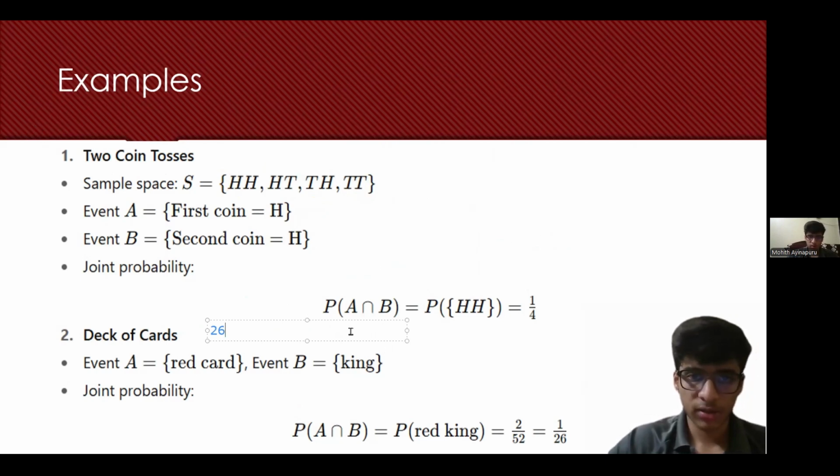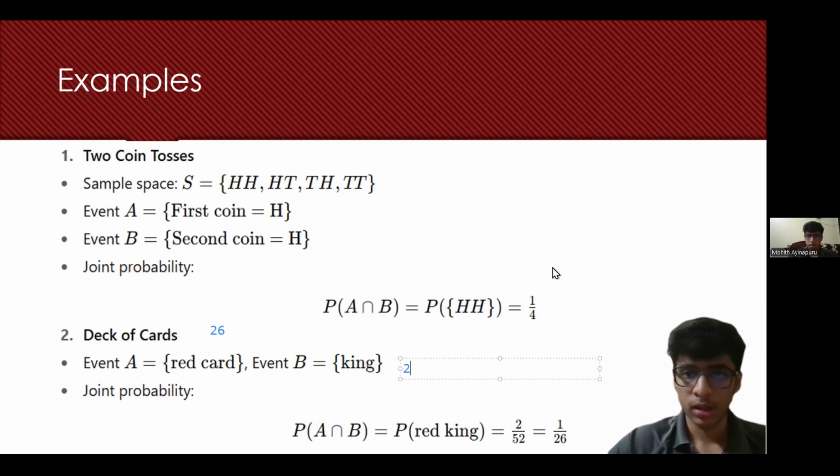So the total number of cards is 52, and getting a red king: there are two kings in the whole red cards, and the total number of outcomes is 52. The number of red kings is 2. So 2 by 52, that is going to be 1 by 26.